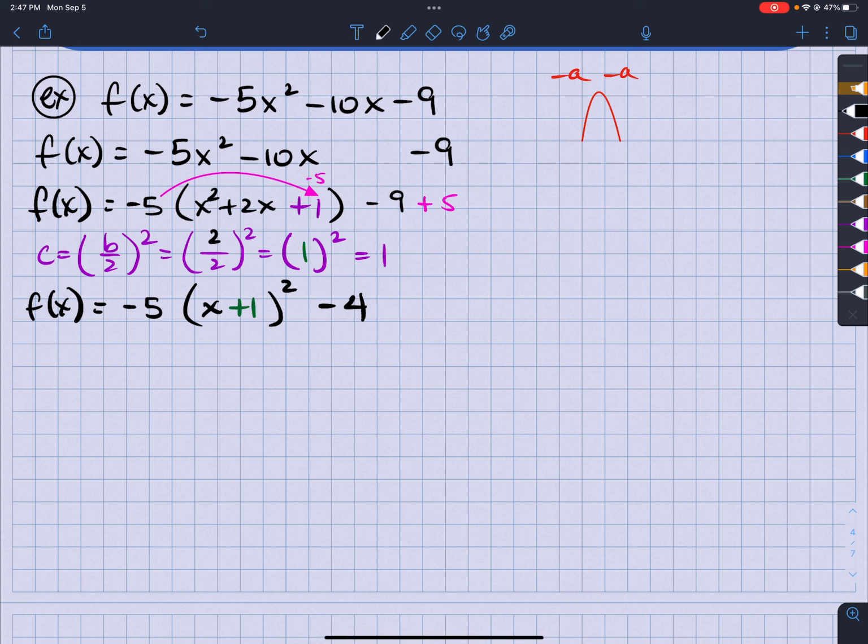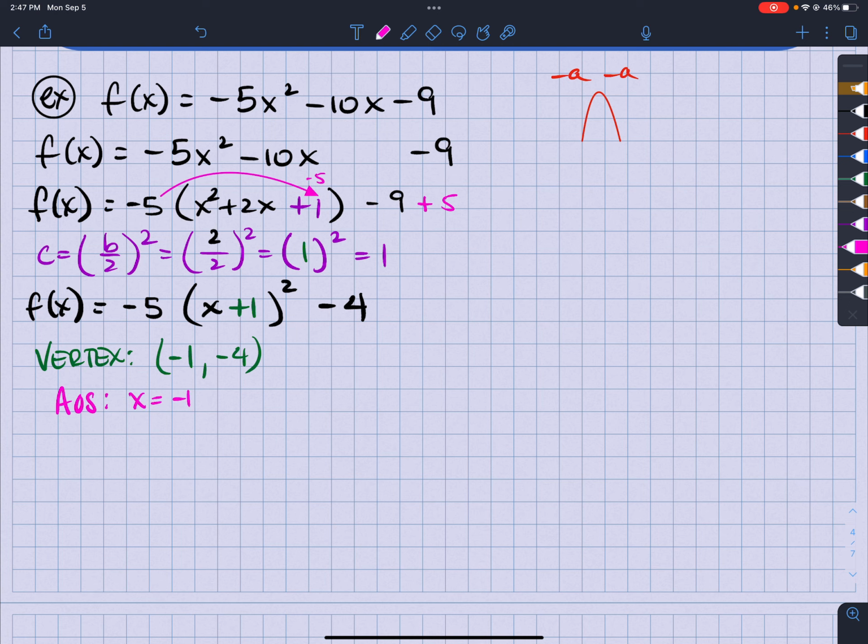Let's do this. My vertex is -1, -4. My axis of symmetry is going to be x equals -1.